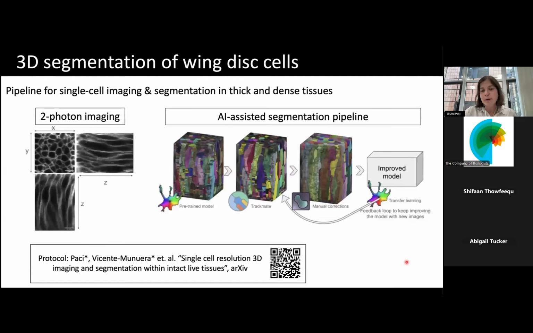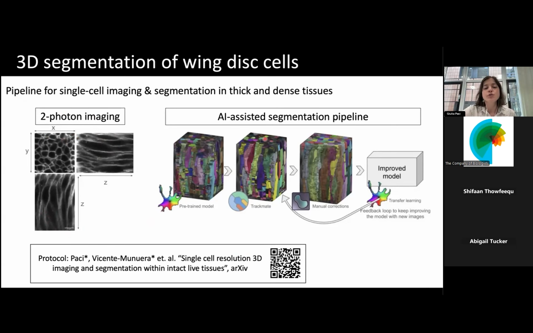I'm not going to spend a lot of time on the technicalities of this because we've very recently published this as a protocol on arXiv. So you're very welcome to have a look if this is something relevant for your system. But very briefly, what we've ended up optimizing as a final pipeline is to use 2-photon imaging as a way to penetrate deep through the tissue and image throughout all of the wing disc.